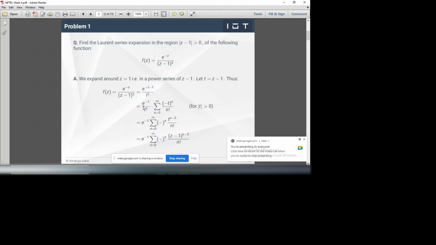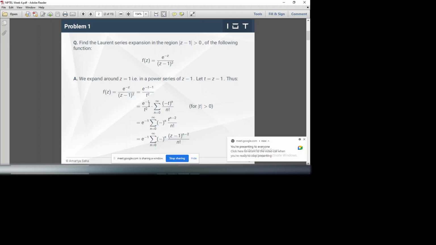Because of this factor of 1 by t squared, I have written mod t greater than 0 here. Otherwise, as you know, e to the power minus t has a series expansion, which is valid for any value of t.